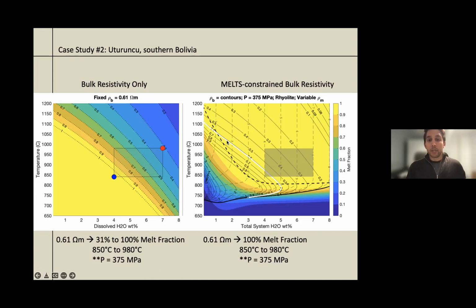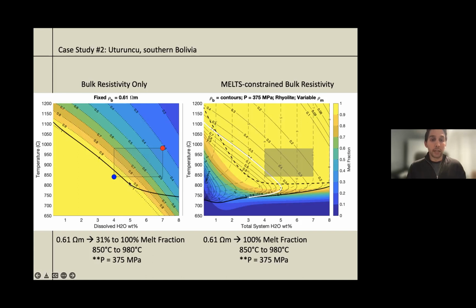And the 0.6 ohmmeter contour does pass through the box, the constrained area, but it basically requires that you have 100% melt at these conditions, which again is probably quite unlikely to have this large volume of magma completely molten, right?